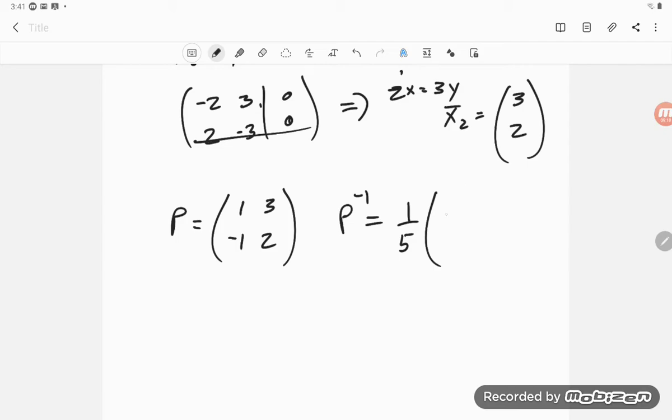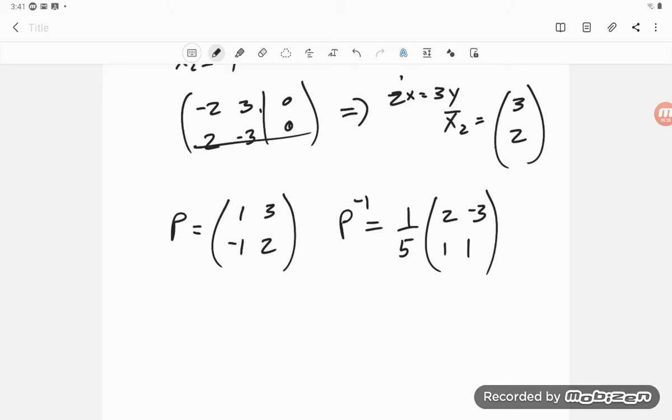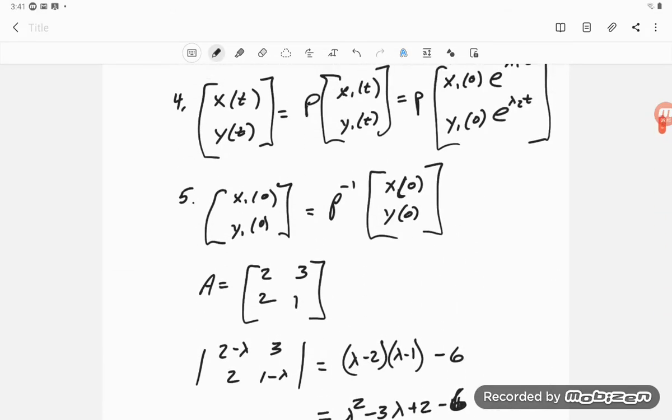And then times the main diagonal swapped, and change the signs on the off diagonal. And there we have P inverse. I could push the 1 over 5 through, but I'm going to leave it like that. Okay, so we've got P and P inverse.